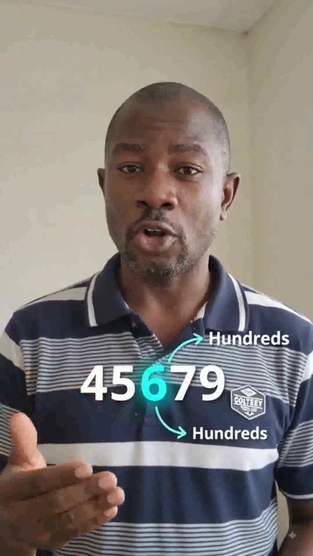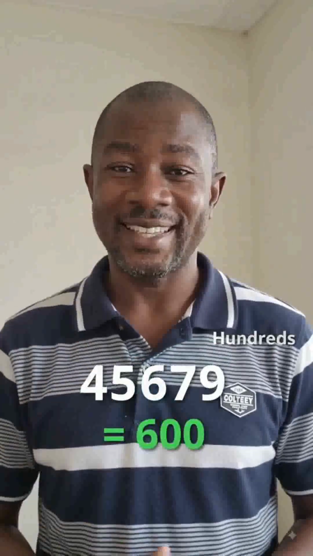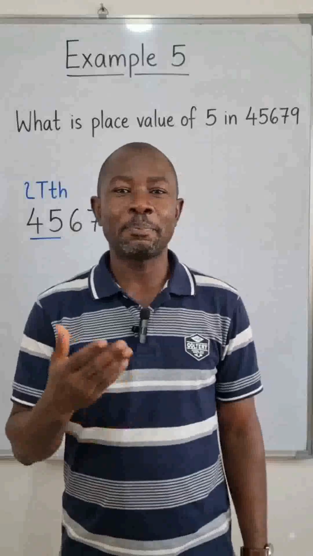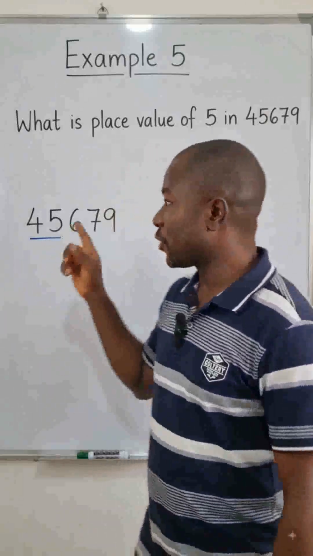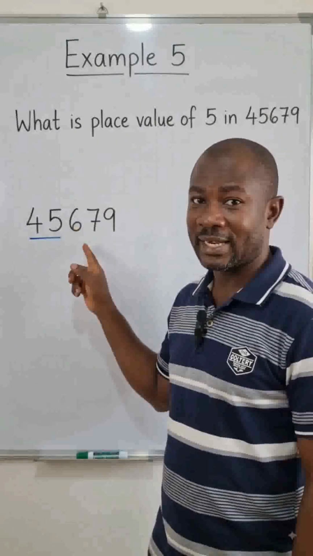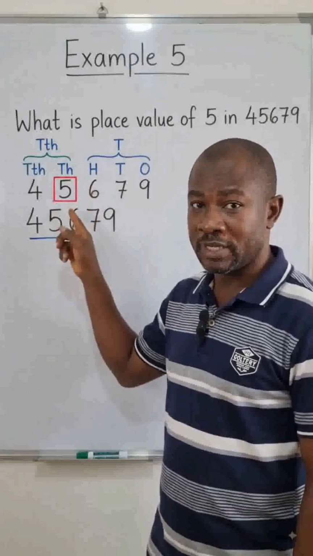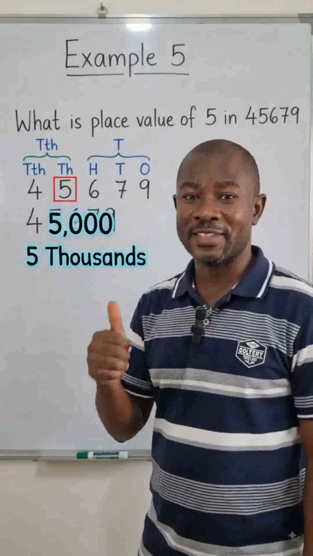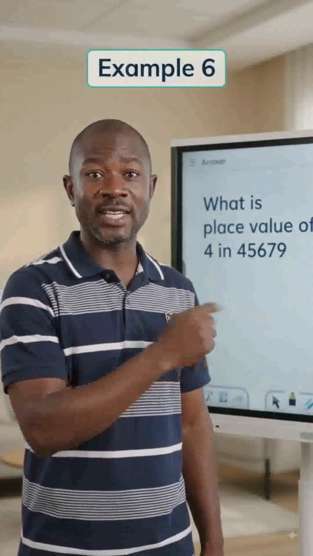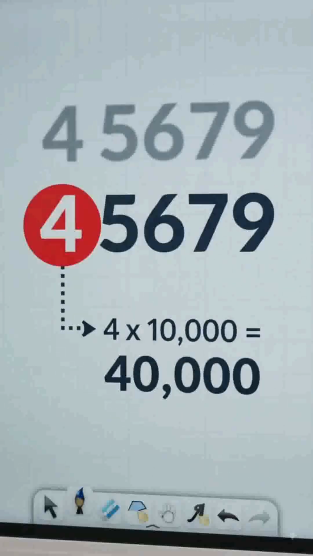Since it's in the hundreds column, its value is 600. That is our final answer. Let's find the place value of 5. In 45,679, the 5 is in the thousands place, so its value is 5,000. Welcome to example 6. What is the place value of 4 in 40,679? The 4 is in the 10,000s place, so its value is 40,000.